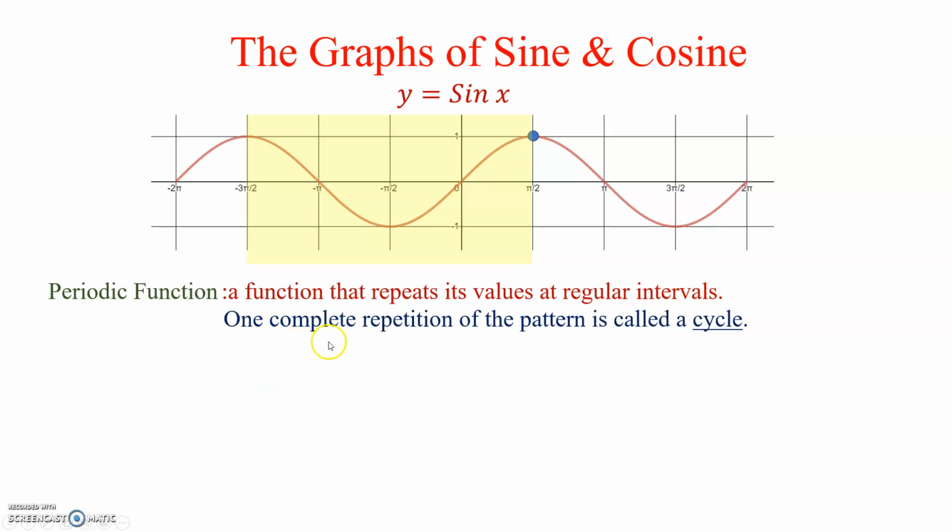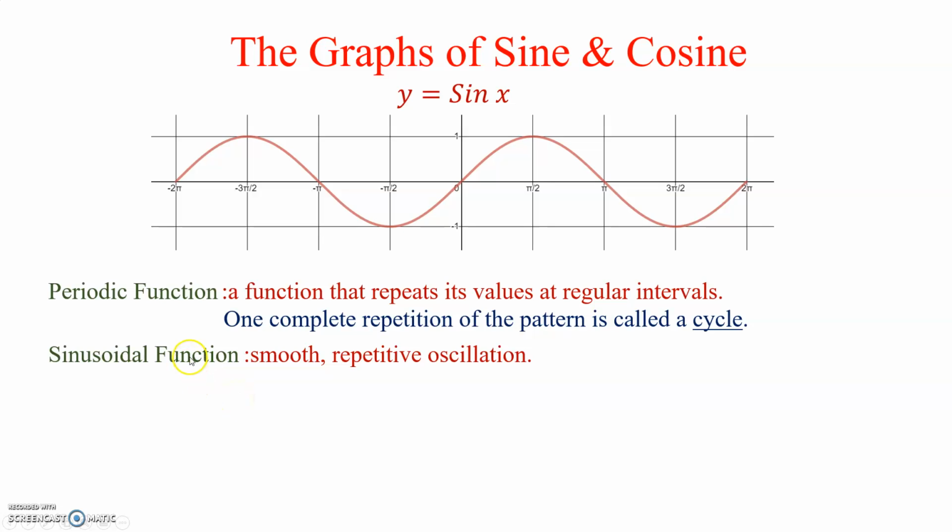Additionally, one complete repetition of the pattern is called a cycle. So when I went from here back to 0, that was one cycle. Whenever it starts to repeat, that's when you've completed a cycle. This type of function is also called sinusoidal.